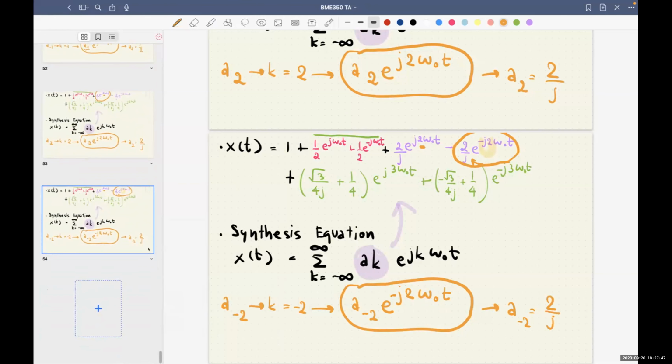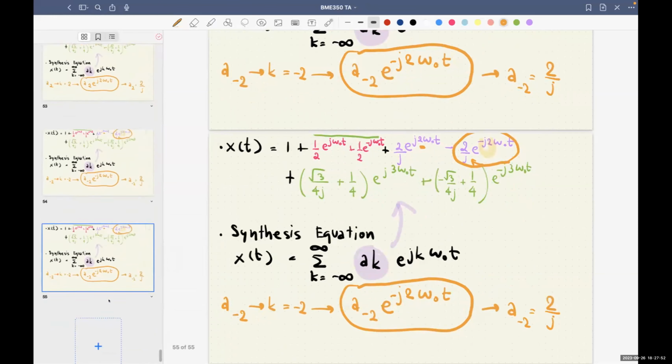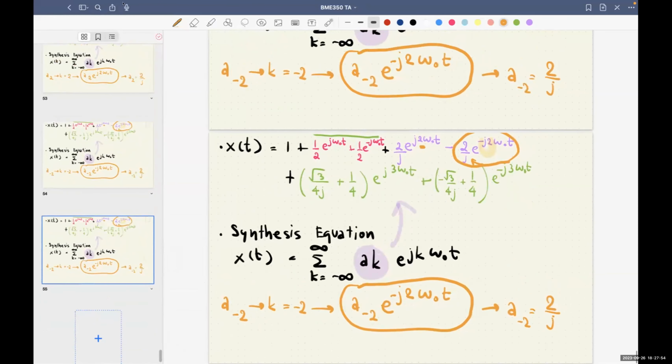Let's move to the green term. Sorry. Do you have any question? Oh, I see, I just see your comment. What's your question? Yeah, like you say, the A0 is going to be 1.